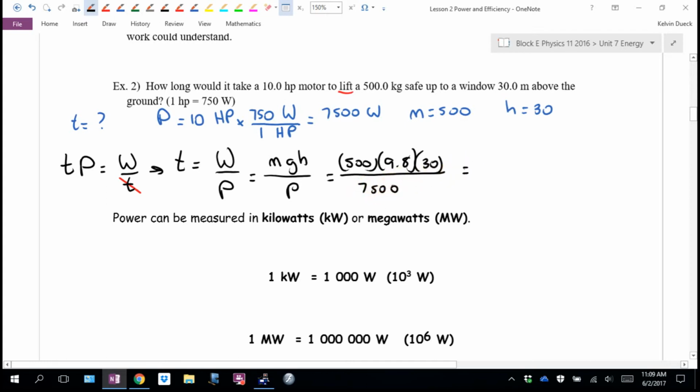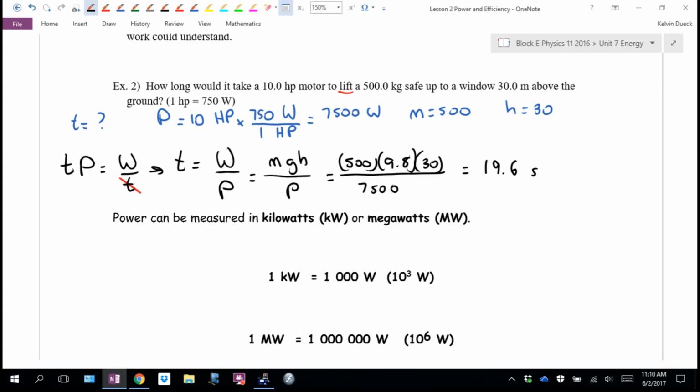What do you get? Units? Here's what that means. It's impossible for this motor to get this job done any quicker. If you need it lifted faster, you need a different motor.